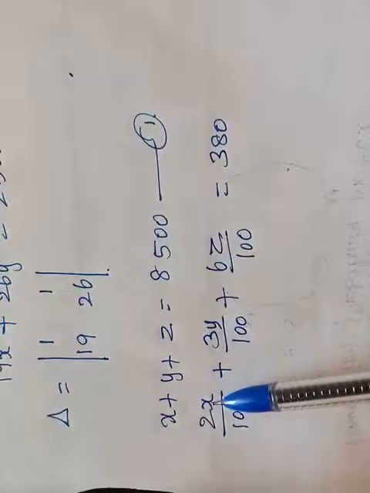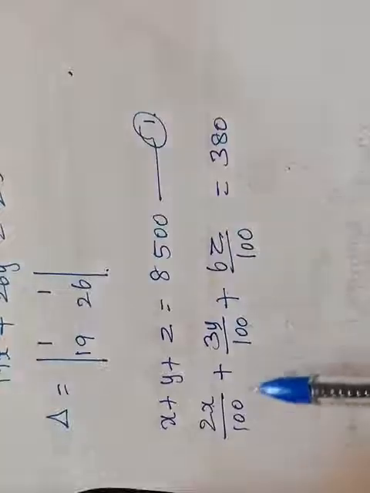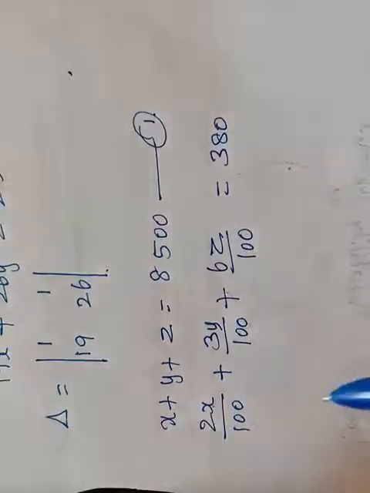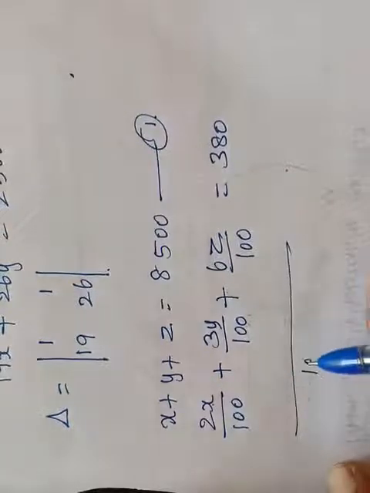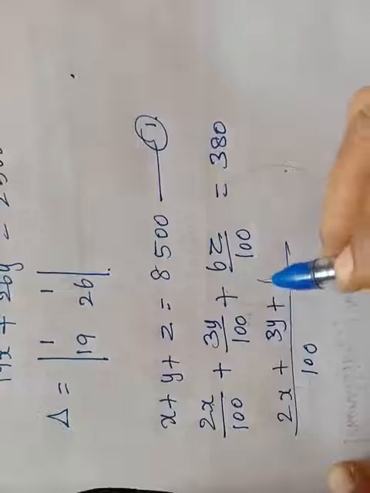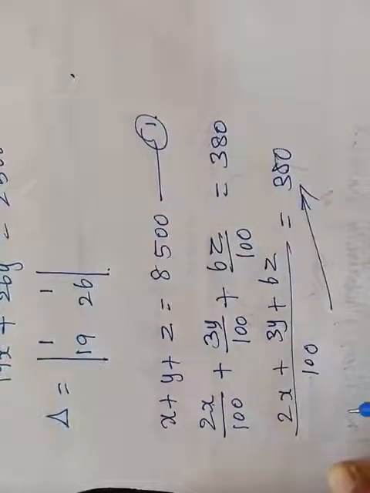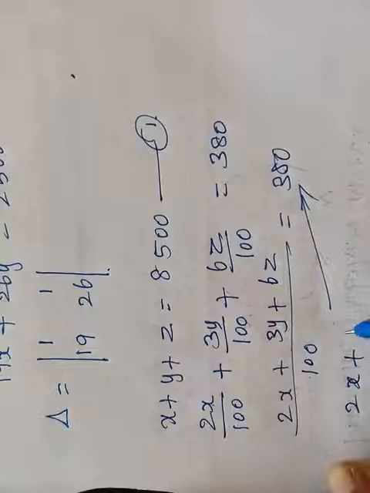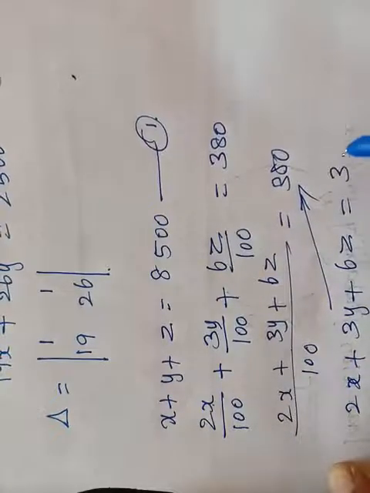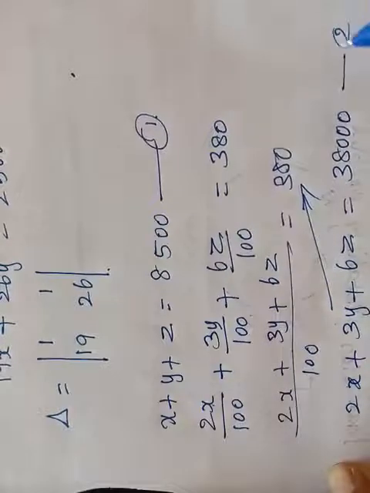Here x is the investment and 2% is the rate of interest, so we use that formula. Taking the LCM, 100, we get 2x plus 3y plus 6z equal to 380. With cross multiplication, 2x plus 3y plus 6z equal to 38000. This is your second equation.